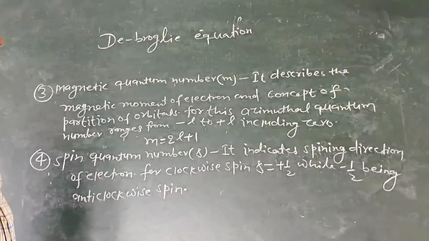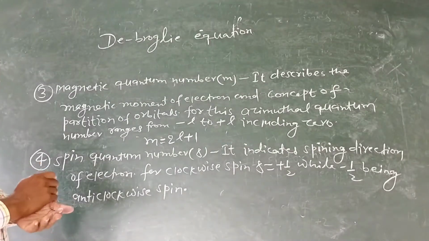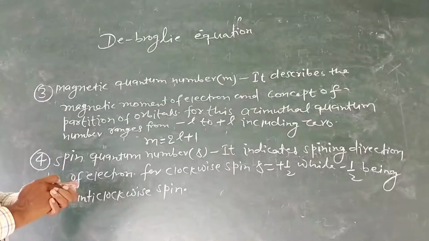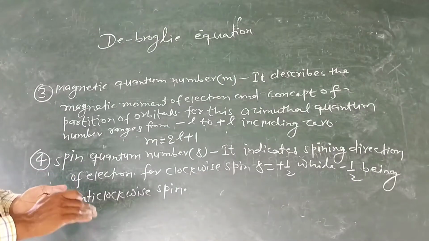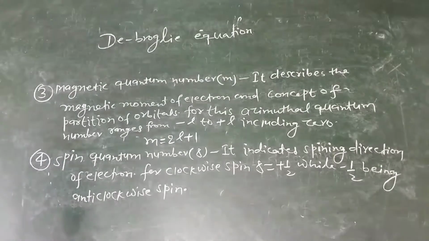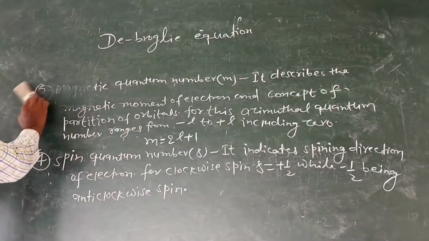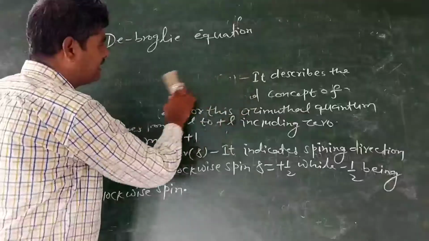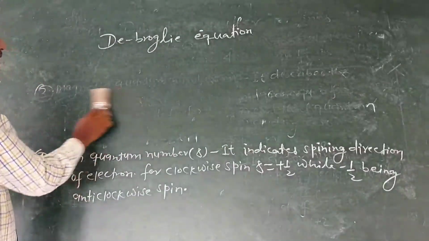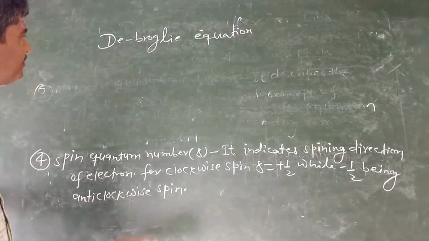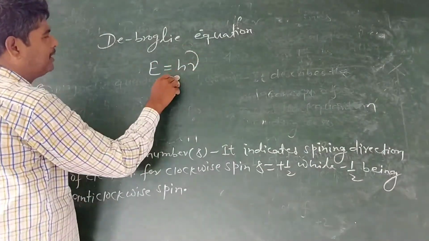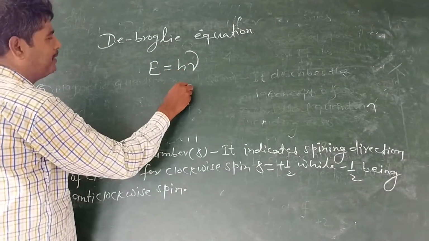The physicist de Broglie put forward a relation between the particle nature and wave nature of the electron, which is known as the de Broglie equation. If the electron behaves as a particle, its energy may be given as E is equal to h nu, where h is Planck constant and nu is frequency.